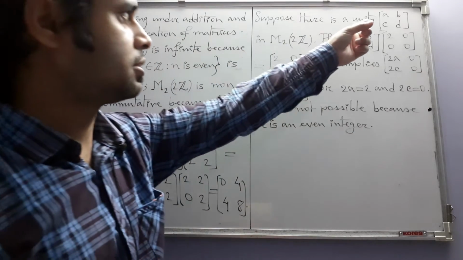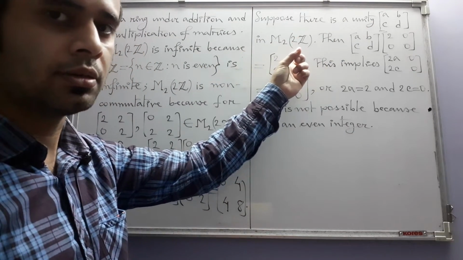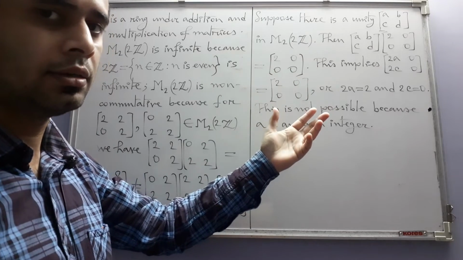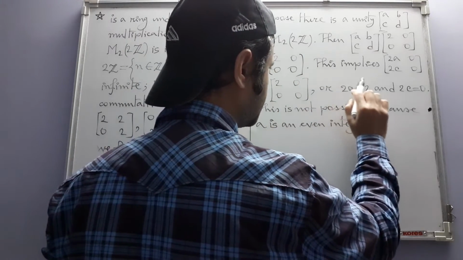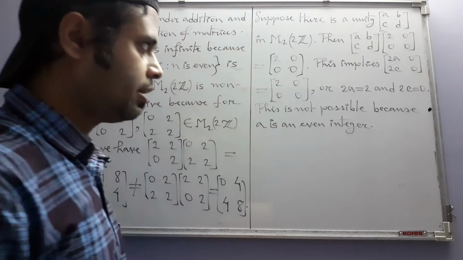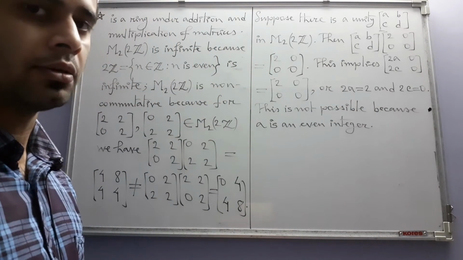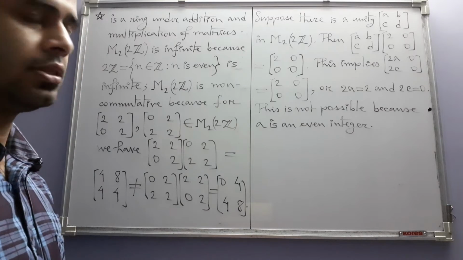Since this matrix has been chosen from this set, all the entries are even integers. So A is also an even integer, but from this first equation we see that A is equal to 1. 1 is an odd integer, so that is the contradiction.